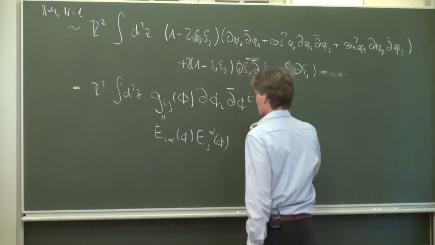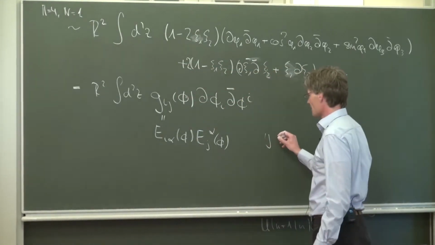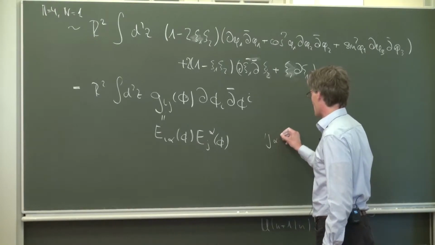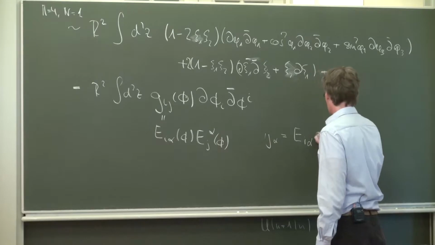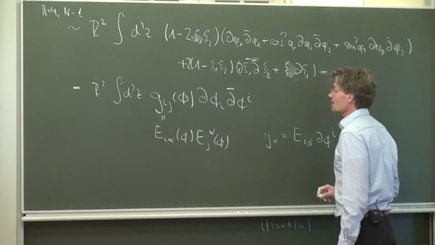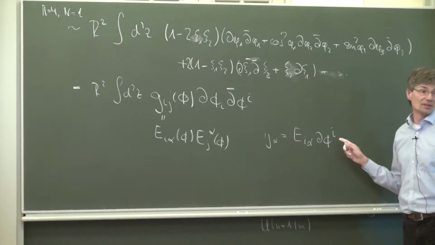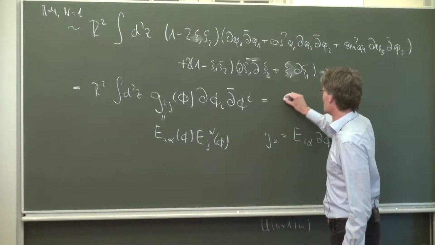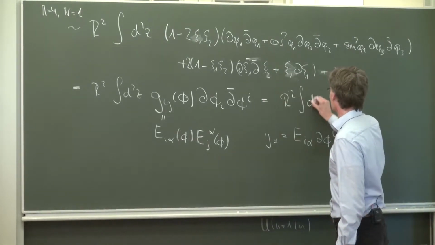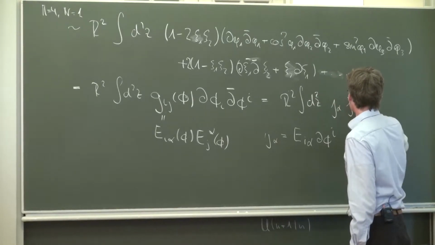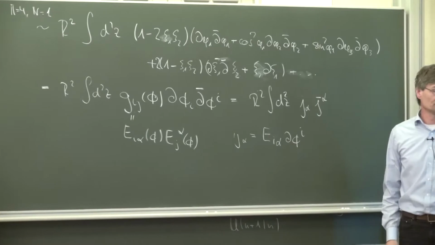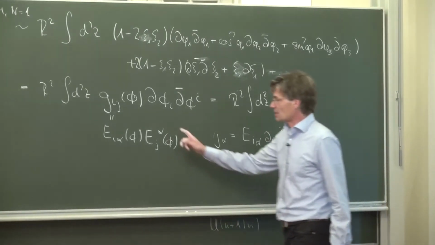Then you can introduce a new field J^alpha, which is E^alpha_i d phi^i, something like this. And then of course the action looks again very simple, J^alpha J^alpha. Okay, I should say that.